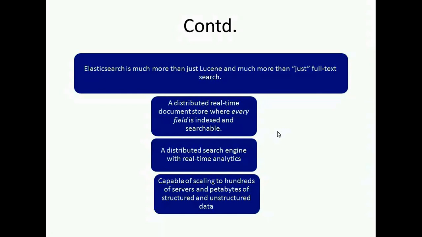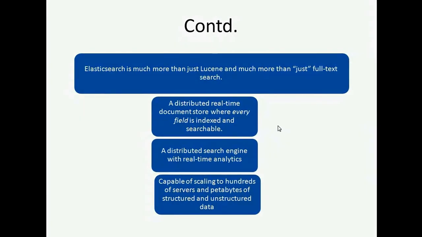Basically, it stores the data on nodes, which are called servers in Elasticsearch, in a horizontal fashion. All the nodes scale in a horizontal way that is best suited for indexing, and it also retrieves the results very fast.